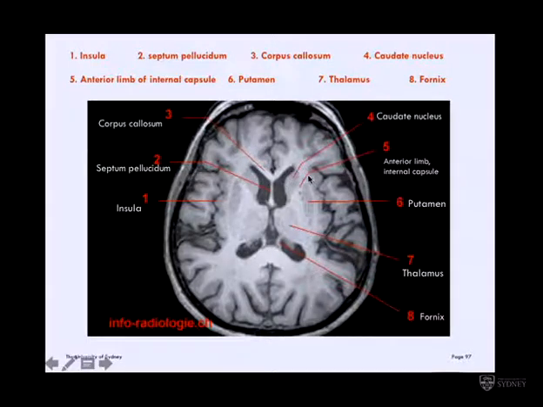You can see the internal capsule. This is referred to as the anterior limb of the internal capsule, the genu or body of the internal capsule, and then the inferior limb of the internal capsule down here. Here's your putamen. You can clearly see that. There are your thalamic nuclei.